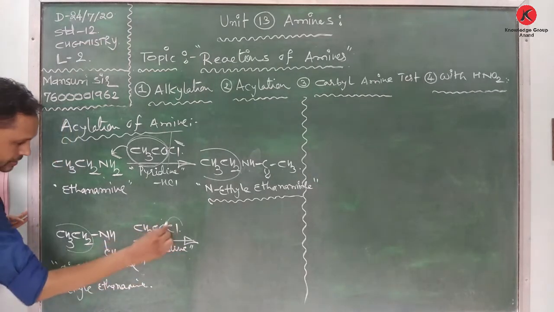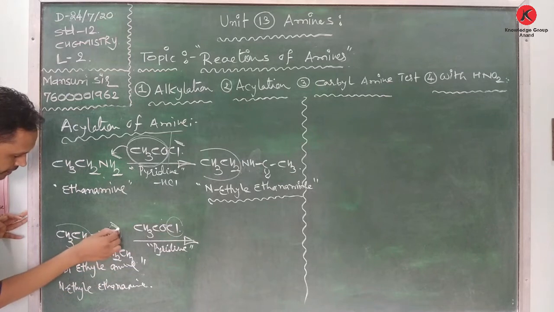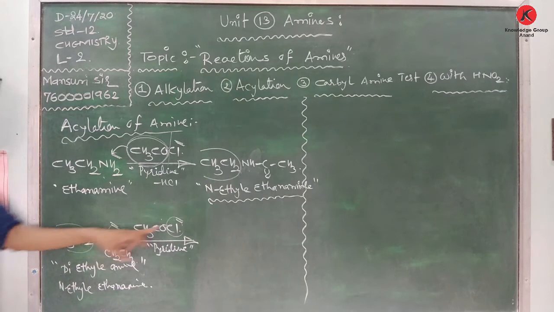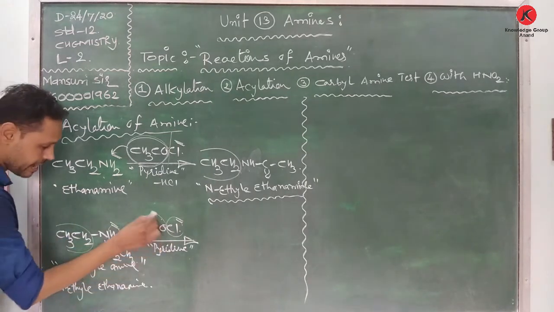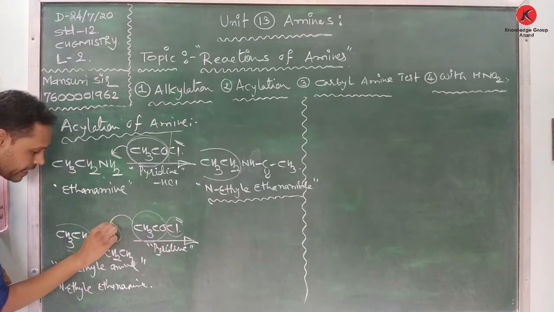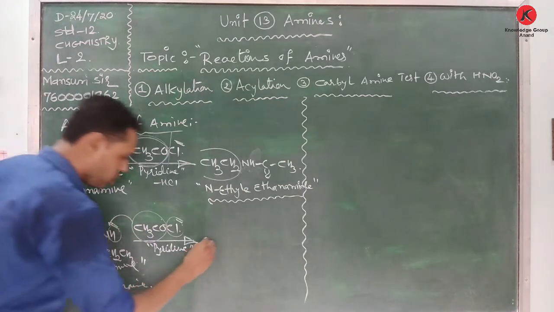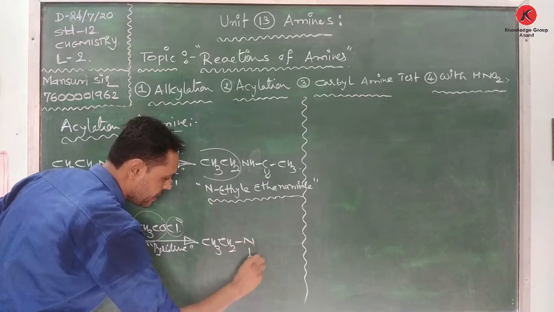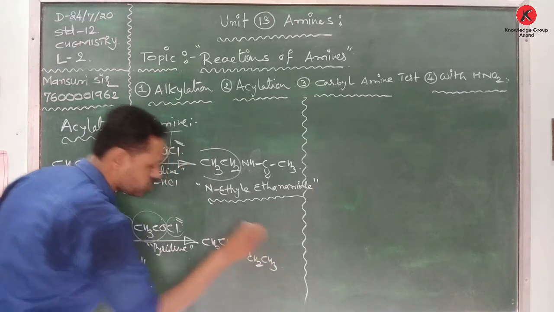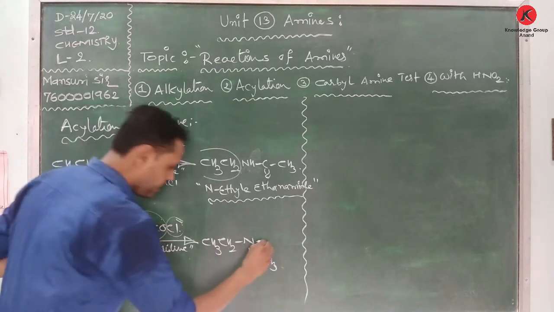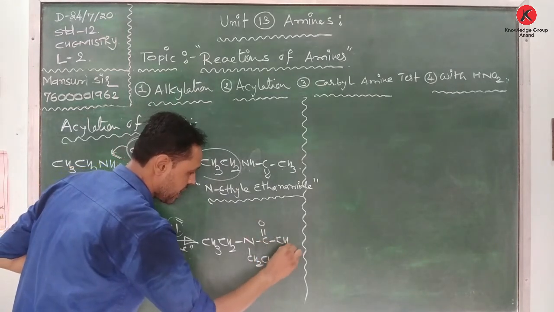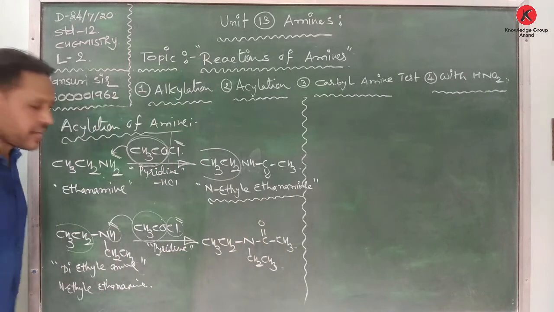Then the hydrogen of the amine is removed with chlorine, and then the acyl group will be attached to the nitrogen. So CH3CH2 and CH2CH3, and this was NCOCH3. This was my amide.